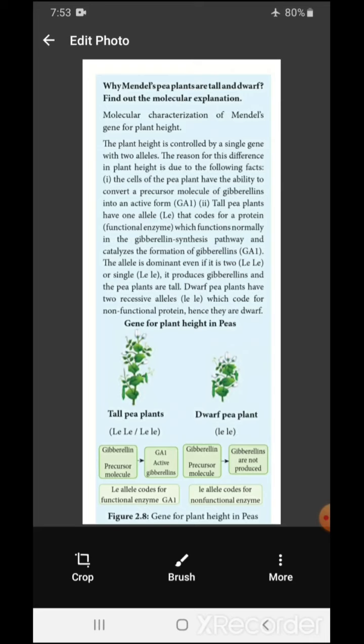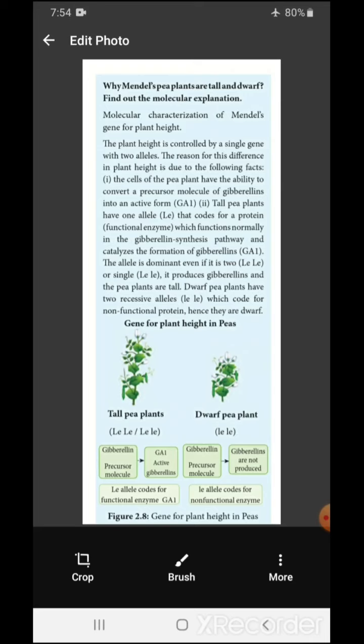The allele is dominant, whether it is capital L, small e or capital L, capital L. Whatever it may be, capital L is the dominant character that stimulates the normal functioning of gibberellin synthesis. Whereas it produces gibberellin and the pea plants are tall.